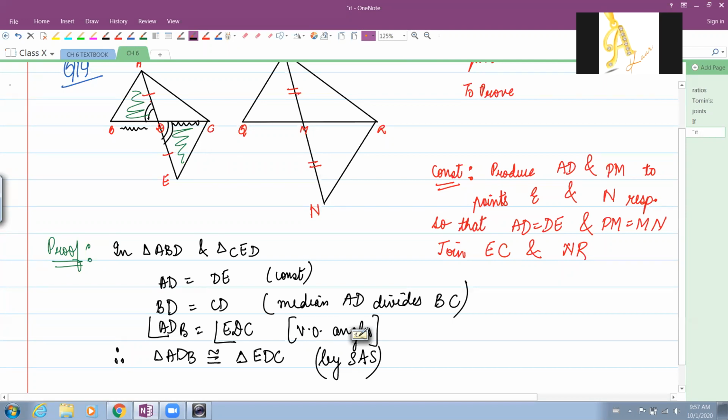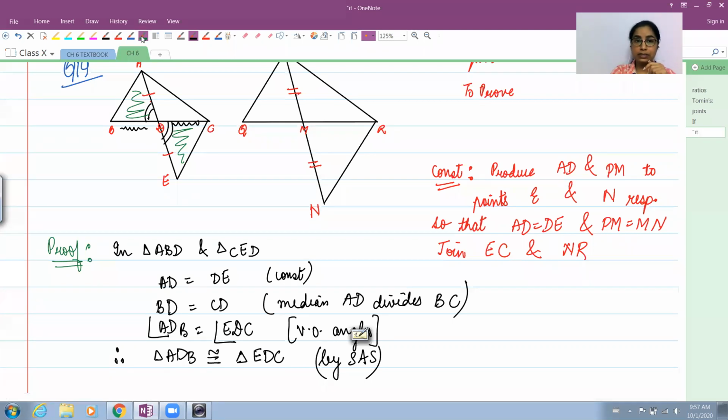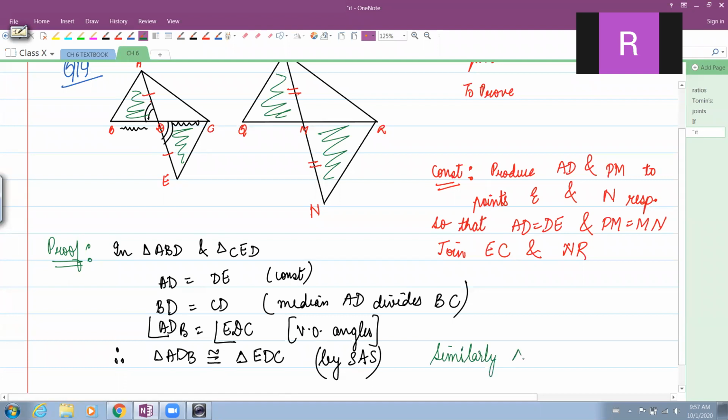Okay. The way we have proved the congruence of these two triangles in triangle ABC, similarly, we can prove the congruence of these two triangles in triangle PQR. So I'm simply going to write down over here. Similarly, triangle PMQ can be proved congruent to triangle NMR.